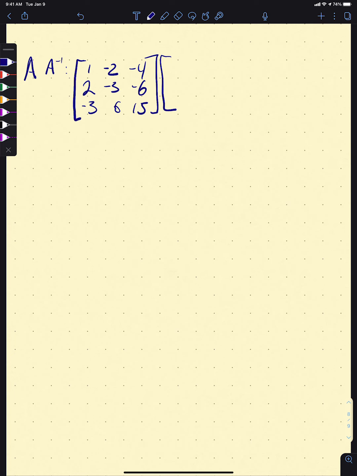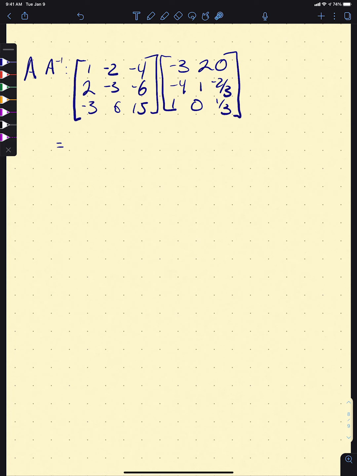And the A inverse that we calculated was -3, 2, 0, -4, 1, -2/3, and 1, 0, 1/3, okay? And we want to carry out this multiplication, okay?